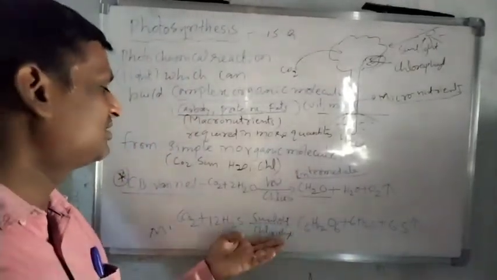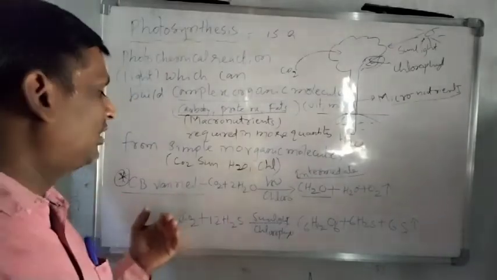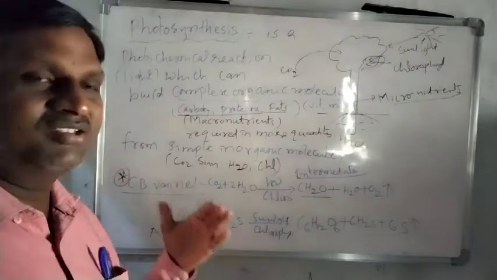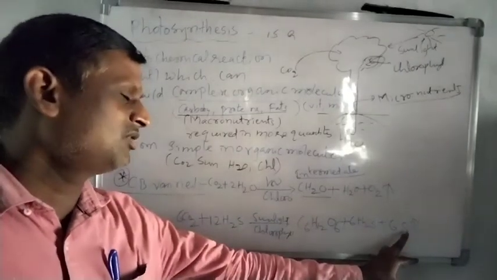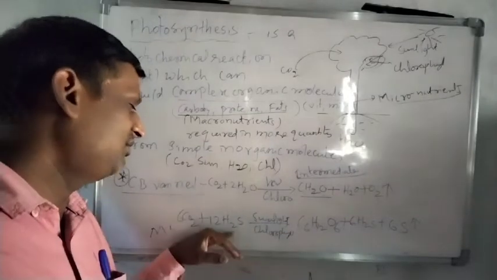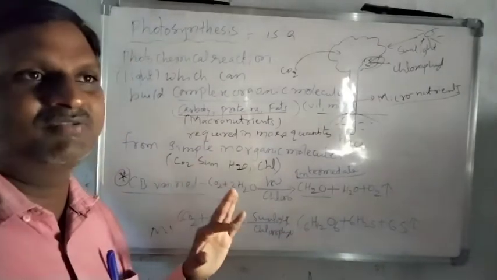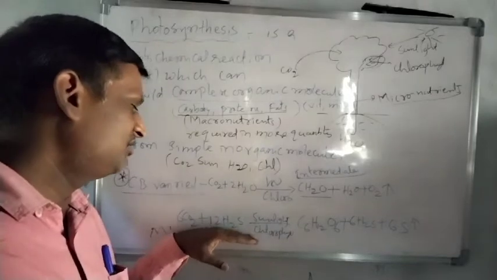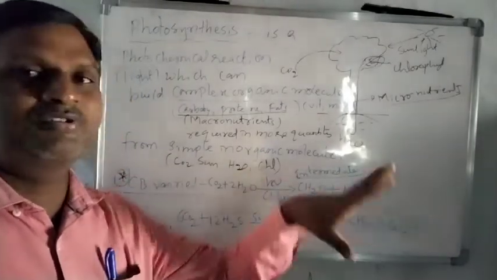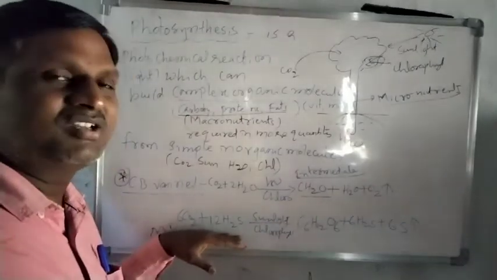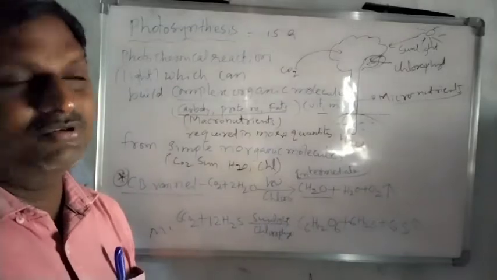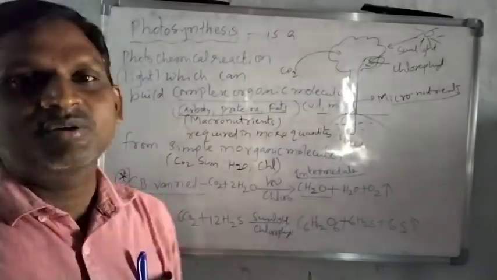So photosynthesis takes place in green plants, and the end product, sulfur or oxygen, depends on whether water or hydrogen sulfide is split. If the starting material is water, when it is split, oxygen gas is produced. If hydrogen sulfide is the starting material, then sulfur gas is produced. So this is what photosynthesis is about.